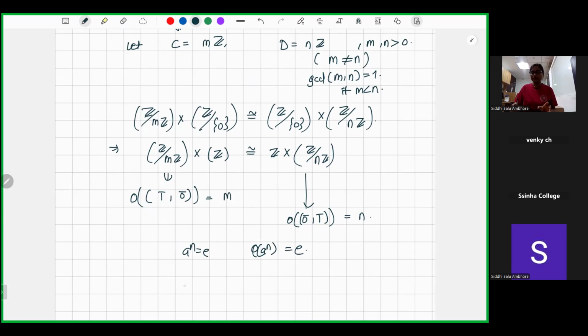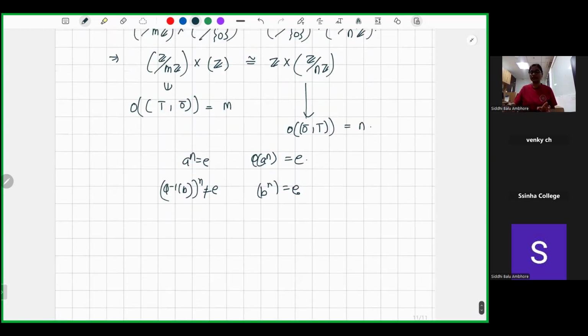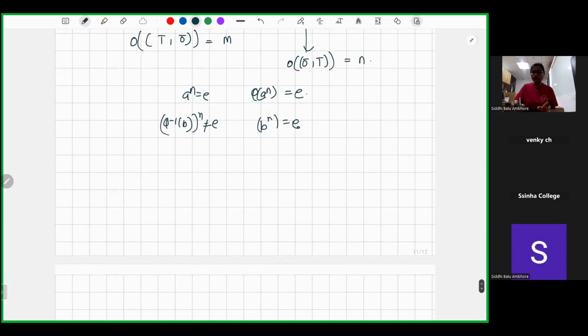And secondly, if I have some element b such that b to the power n is my identity, and phi inverse of b does not become identity for this same n, then this will again create a problem about phi being an isomorphism, because in that case phi inverse of b to the power n is non-identity, yet it maps to the identity, so it will belong to the kernel of my map phi, and this will contradict the injectivity of phi.